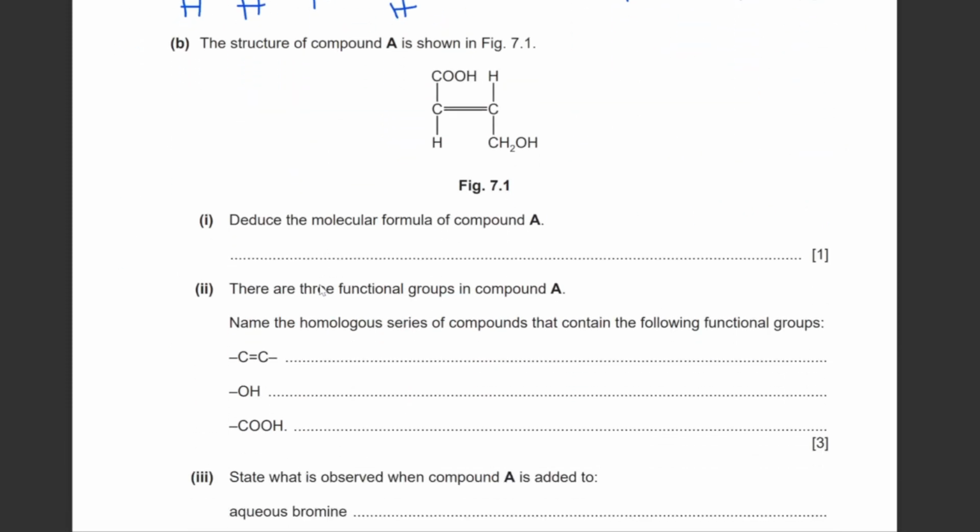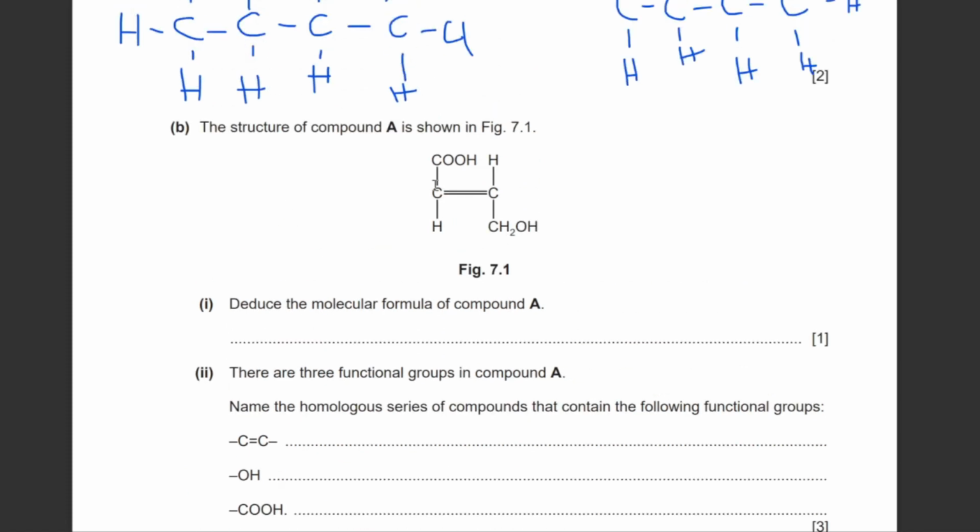Part B. The structure of compound A is shown in figure 7.1. Deduce the molecular formula of compound A. Basically, we would have to count the number of each type of atom here. So we have 1, 2, 3, 4. Let me check. Yes, 4 carbons. So that would be C4. And 1, 2, 3 oxygen.